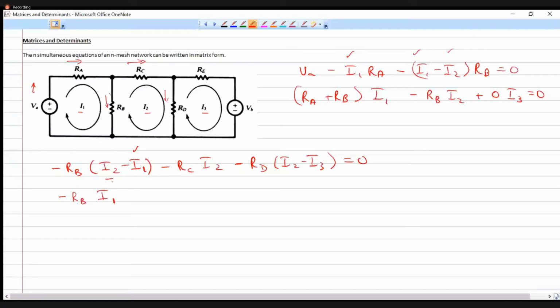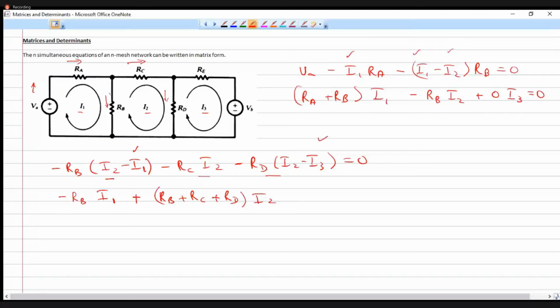For I2, I have minus RB, so that becomes plus, and minus RC becomes plus RC, and minus RD becomes plus RD, into I2. What about I3?